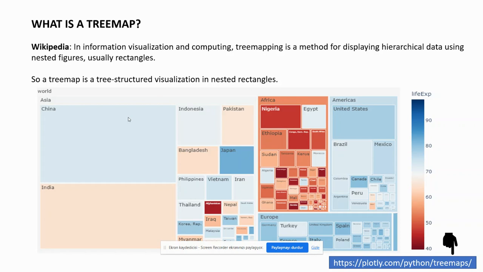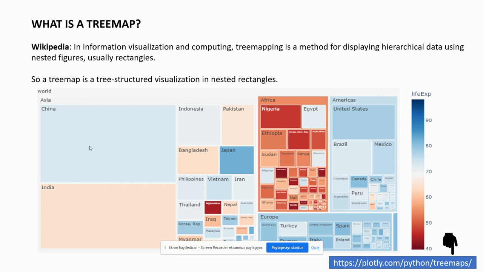You can see here in this example that I have generated from Plotly and Python, a life expectancy versus country population tree map. What you can see here is hierarchical data, meaning world, then continents, and then countries.